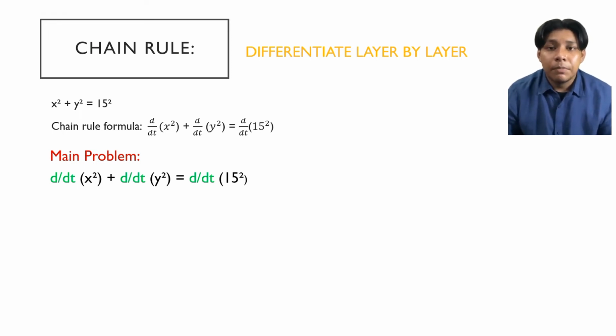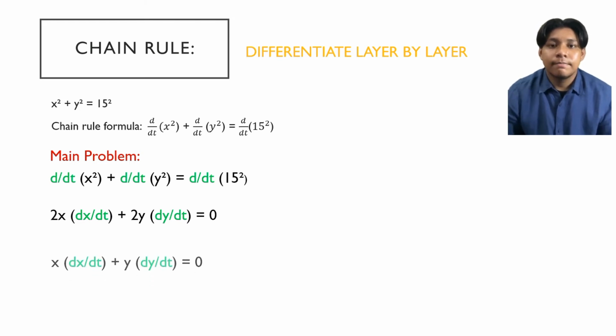The second step, we differentiate one by one. x squared becomes 2x dx over dt, and y squared becomes 2y dy over dt. 15 squared equals 0. As a result, we simplify the 2x and 2y and get x and y.